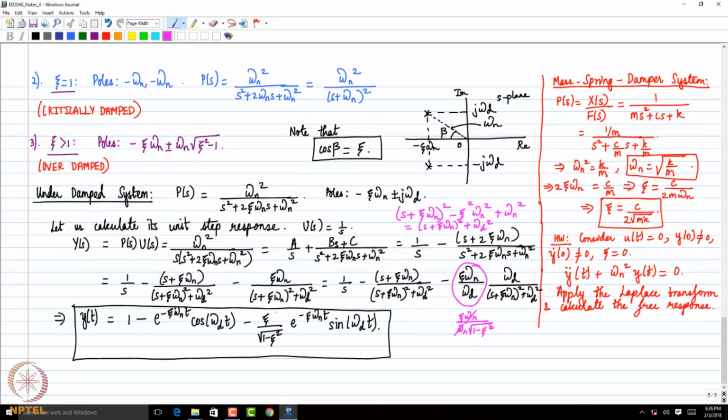So omega n cancels off, that's why I am left with zeta by square root of 1 minus zeta squared, right?